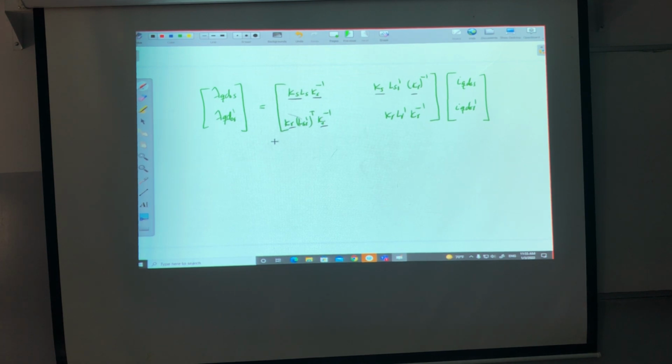So if I solve the first one, which is the KS LS KS inverse, if I do the math, this will equal LLS plus the mutual M or LM, 0, 0, 0, LLS plus M, 0, 0, 0, and here I'm having what?